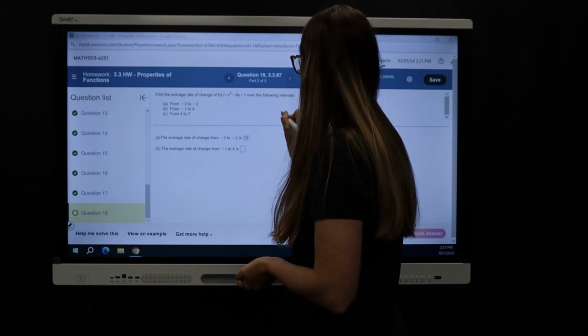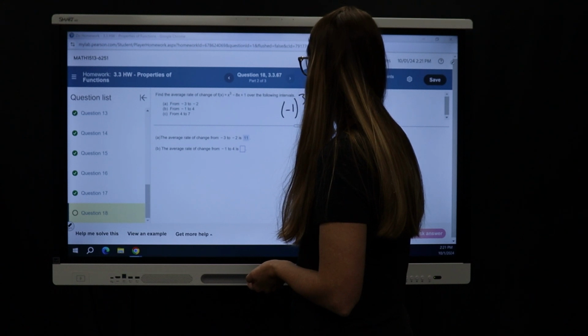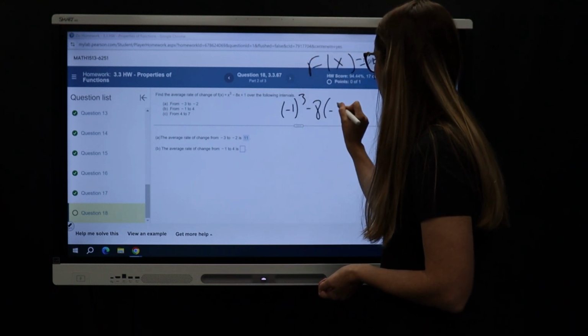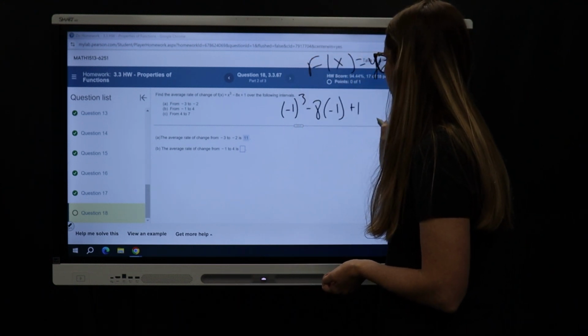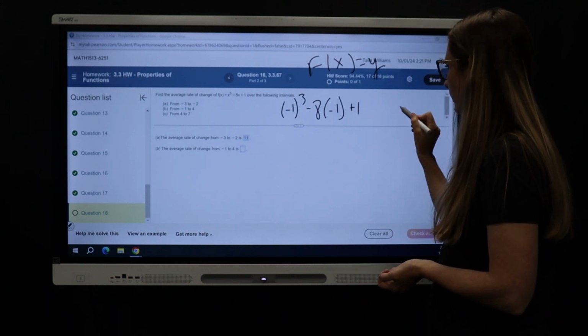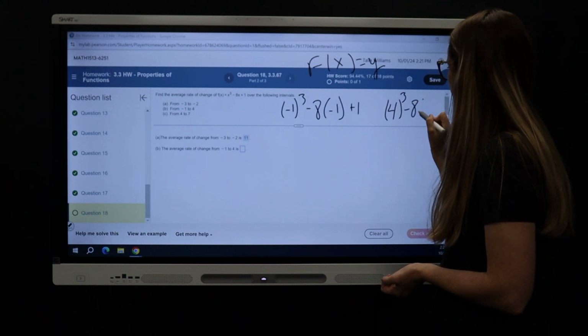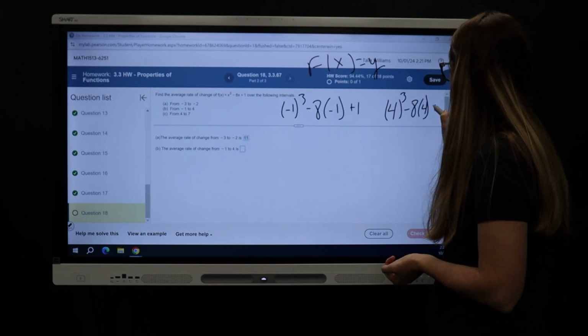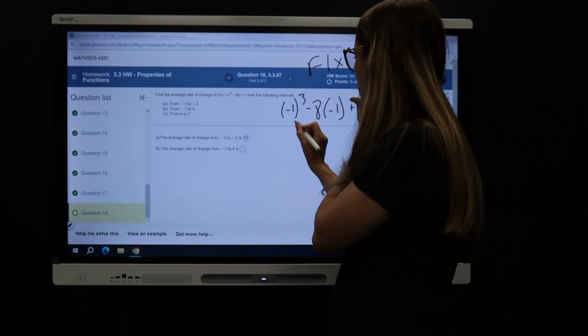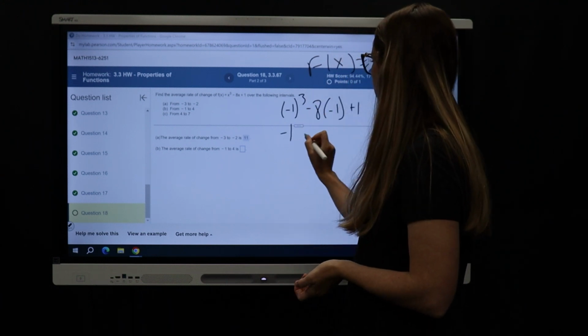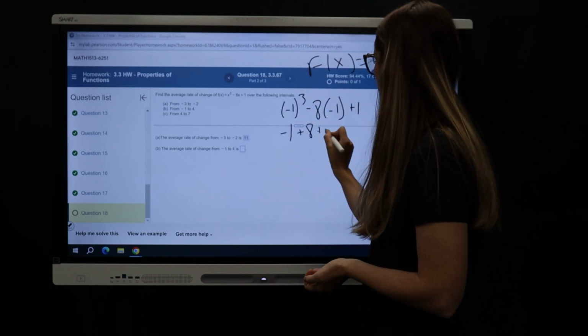Okay, we have negative 1 cubed subtract 8 times negative 1 plus 1. And then our other one is going to be 4 cubed subtract 8 times 4 plus 1. Negative 1 cubed is negative 1. Negative times a negative is a positive.